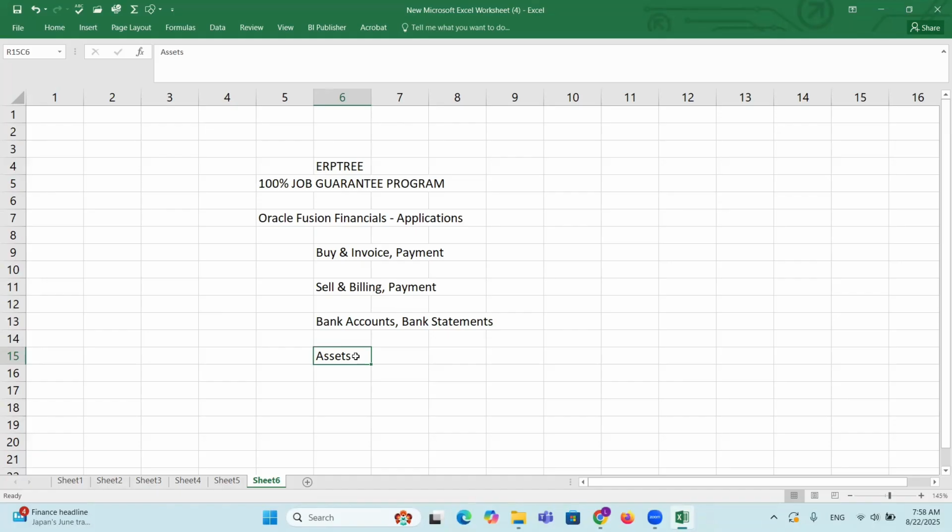How much value reduced? 2 lakhs. The 2 lakhs we track in the system as a depreciation. The value what we are reducing, that we call as depreciation. The remaining value we can call as the fair value of asset, the current value of asset. So that need to be maintained in the system. So this is what typically we learn from financials applications.